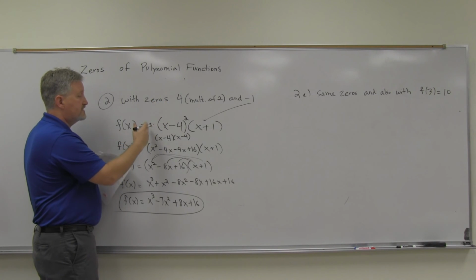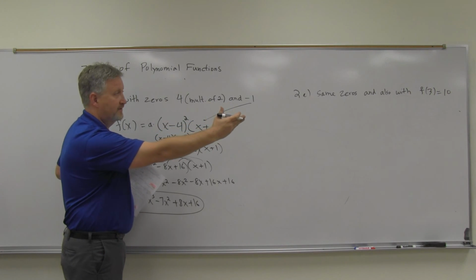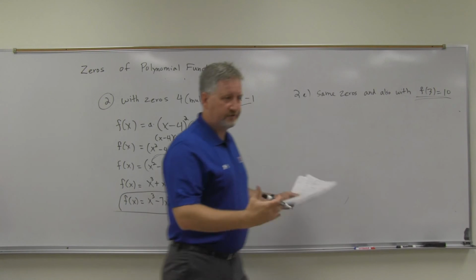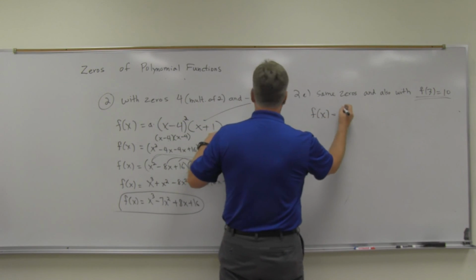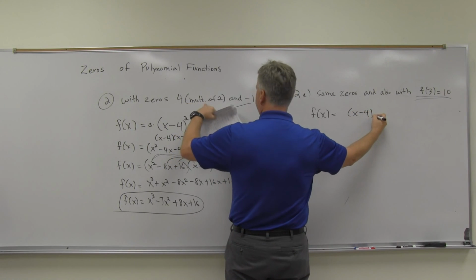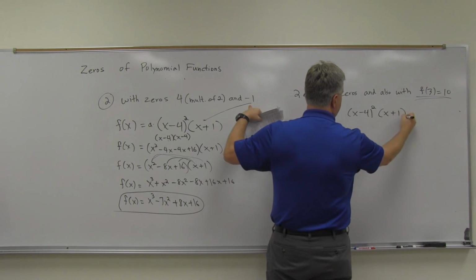And the reason I would do that is because if I wanted to hit a specific point, is what I'm getting at here. So if I had this extra part to it, I have f of x equals, same zeros, so I got zeros of 4, so I'd have x minus 4, multiplicity 2, so that'd be squared, and then x plus 1 for the negative 1.